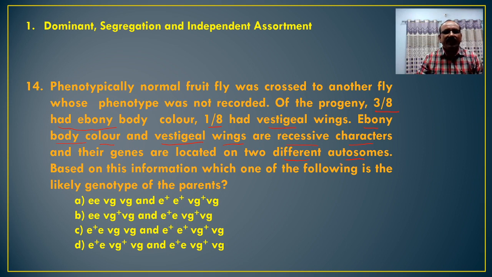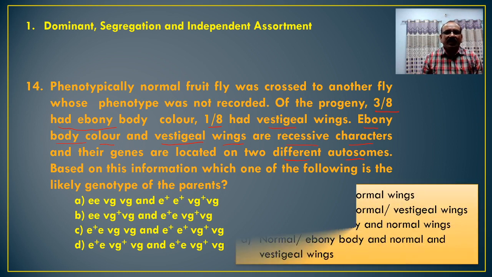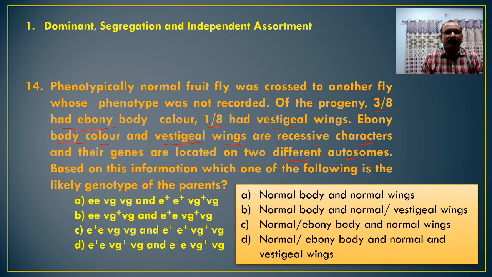If we see the explanation of these 4 different options of the parents which are given, in the first option, that is A, we find all are normal, and here the body color, that is ebony, and here one gene is for the vestigial and one is the normal.